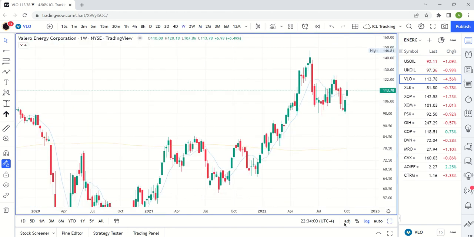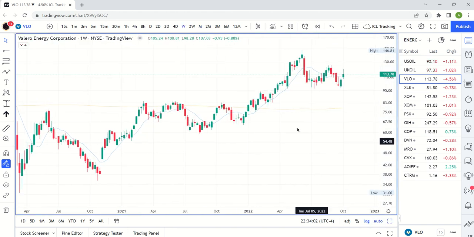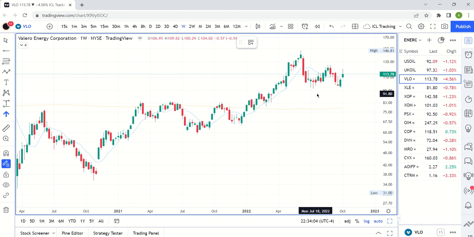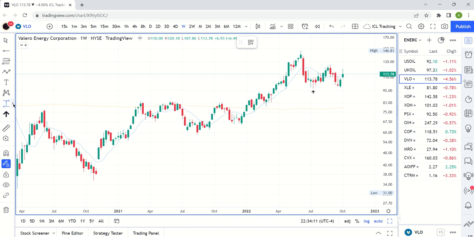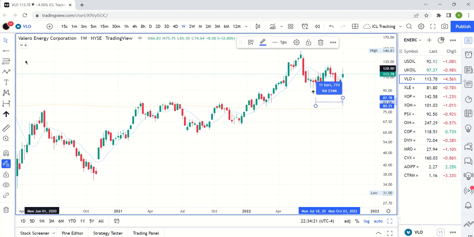Now, if we look at the weekly chart, you can see our last major weekly low was something like that. So that would make it week 12. That's the thing. Short term, maybe a little bit dangerous.